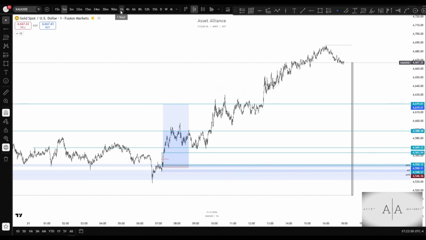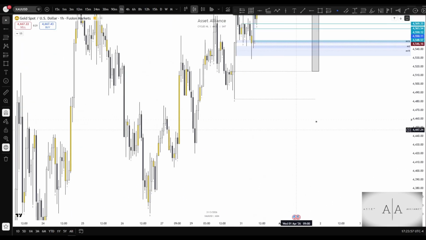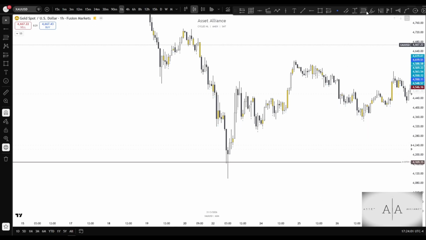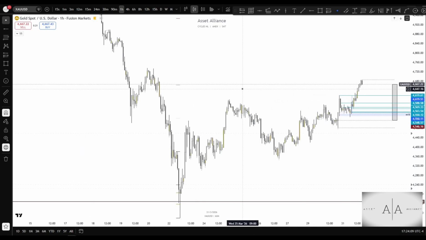Now, I'm sure that if you go on the 1 hour or on the 4 hour, you'll have, as I said, a range to work with for the deviations, right? Even this would be like a normal PO3 deviation range, just a normal standard deviation actually. So this would have been like the TP here.